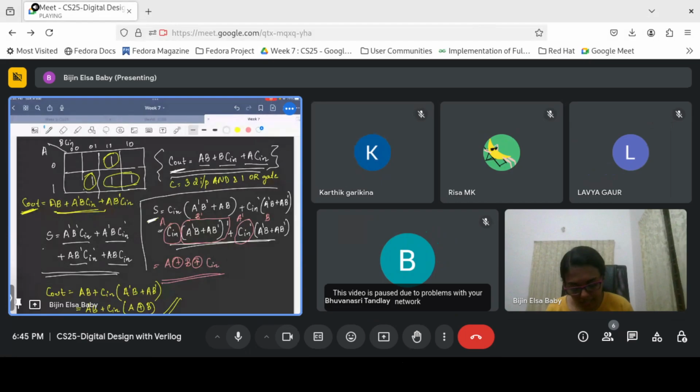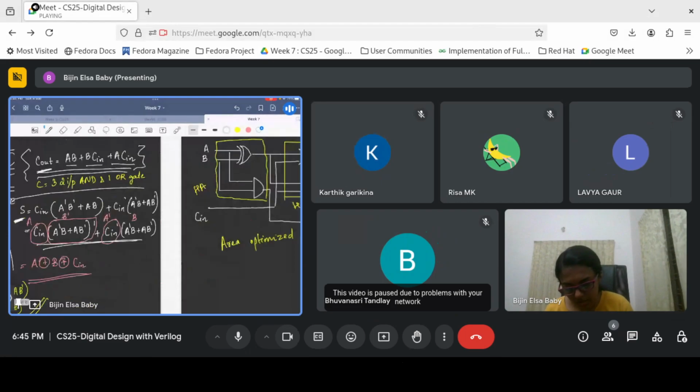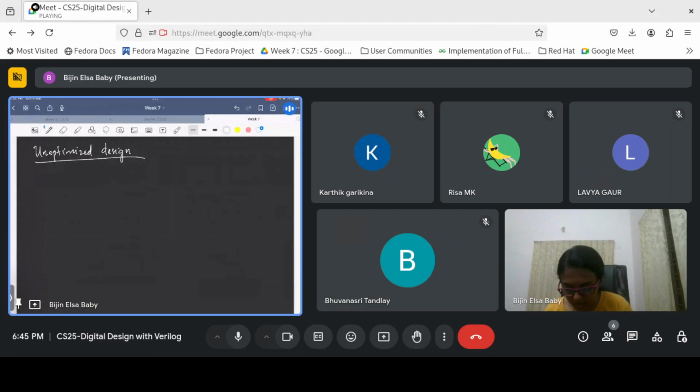So if you have a unit adder for an unoptimized design, the delay is 2n.